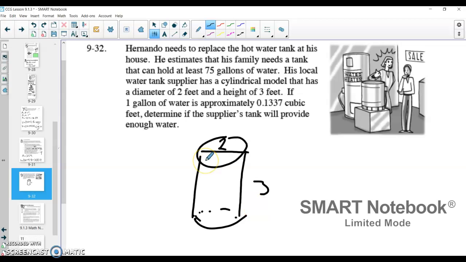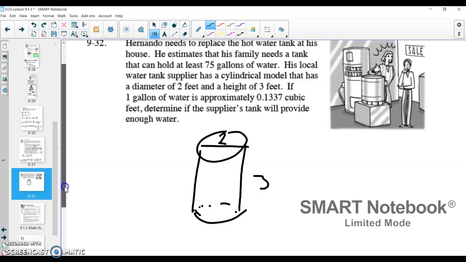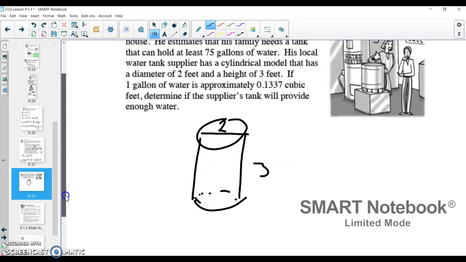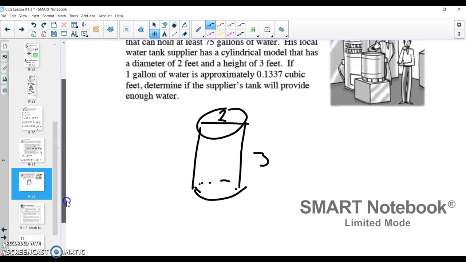So we need to see if this tank can hold at least 75 gallons of water. And so we've got to find the volume of it, and then we'll divide that by the cubic feet to see how many gallons it will give us. If we want to find this volume, we need to find the area of the circle and multiply it by the height.